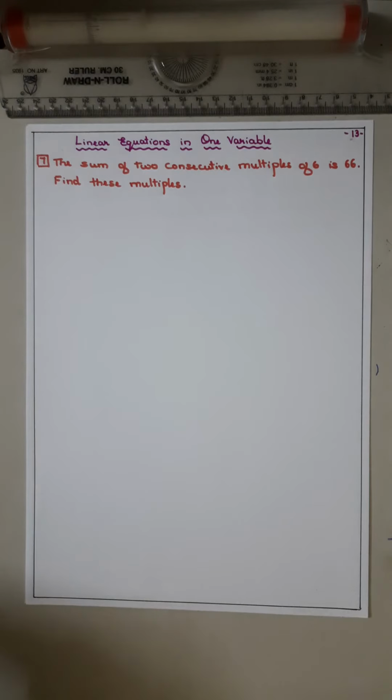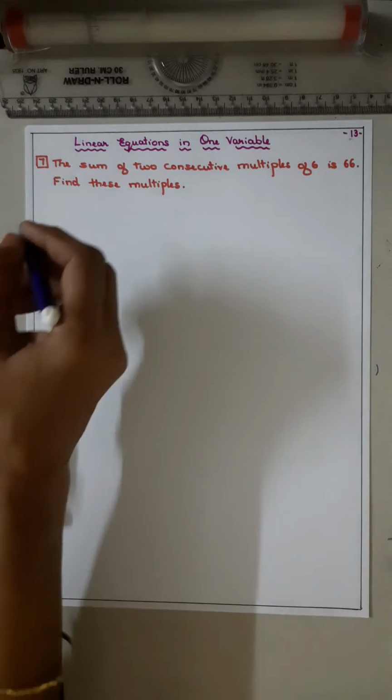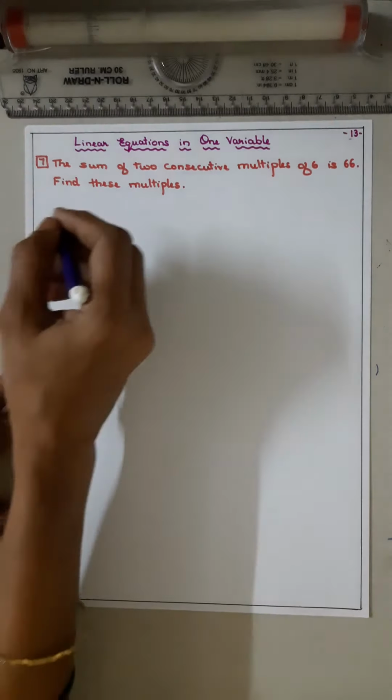You have done this type of sums earlier, so we'll directly solve the sums. Let the two consecutive multiples of 6 be, first will be 6x and second one will be 6 into x plus 1.